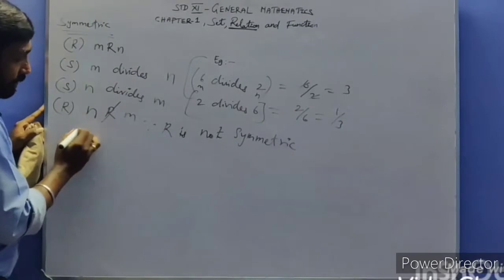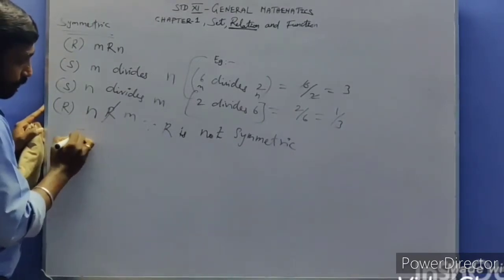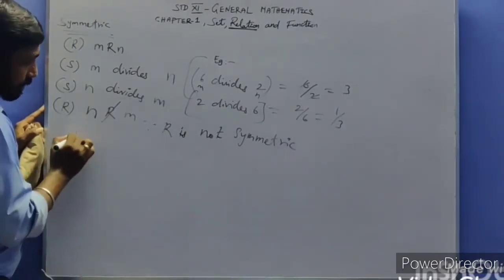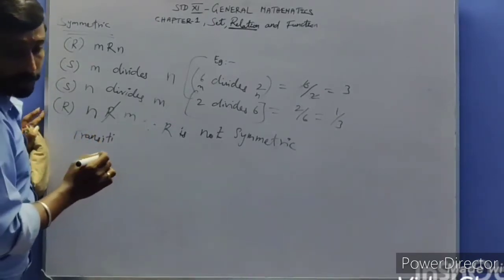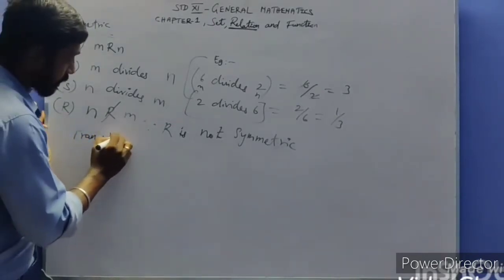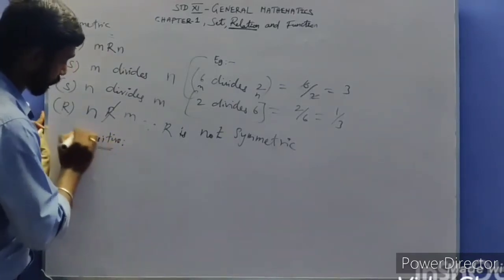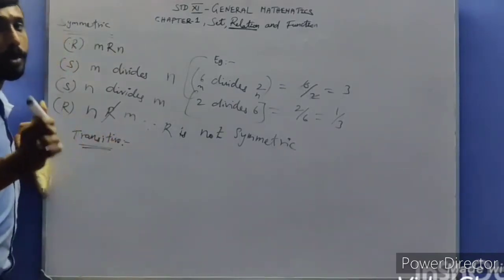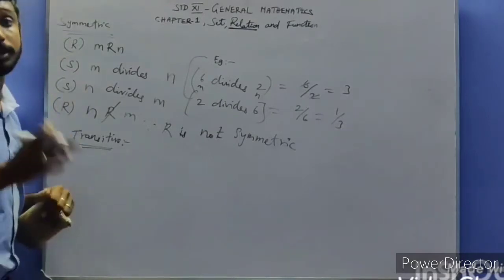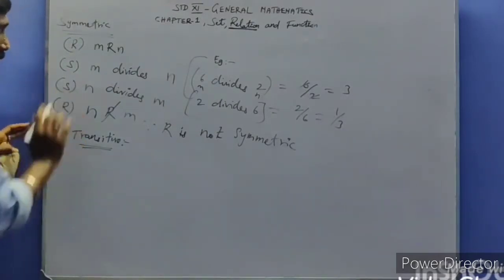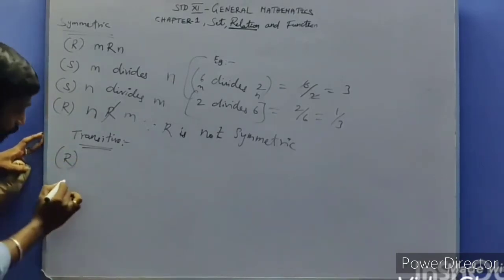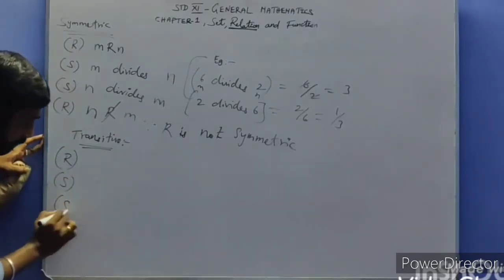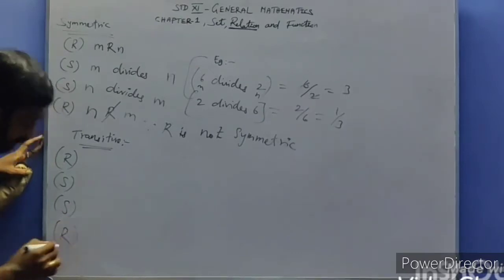Now we are going to see transitive. What is meant by transitive? One third person will enter here. The procedure is the same: one relation, two statements, then one relation.